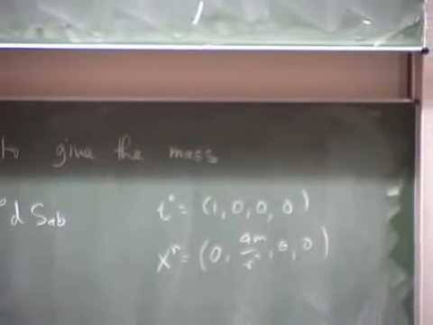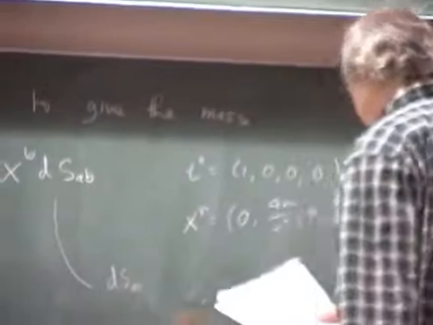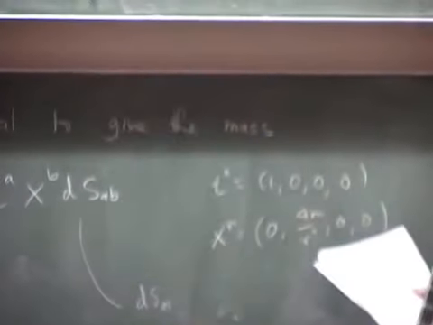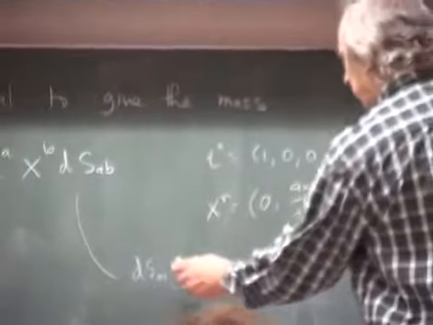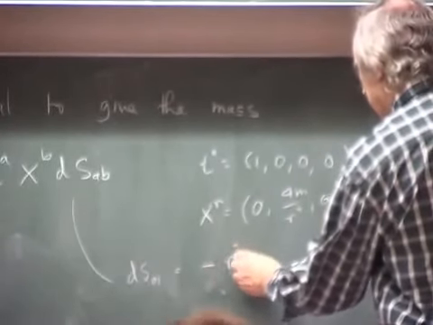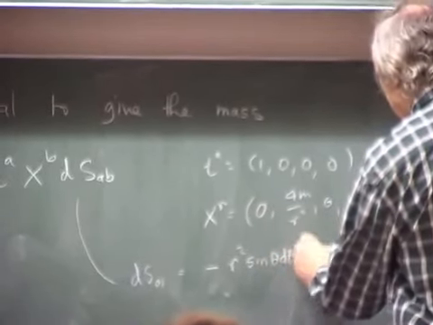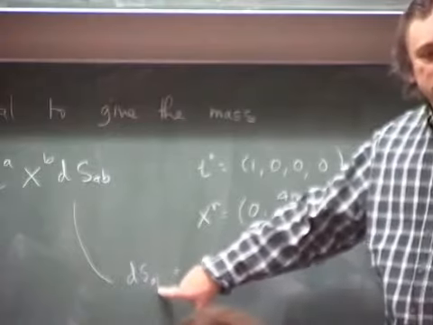DSAB, DS01 is equal to minus r squared sine theta d theta d phi. The minus has come from lowering this 0.